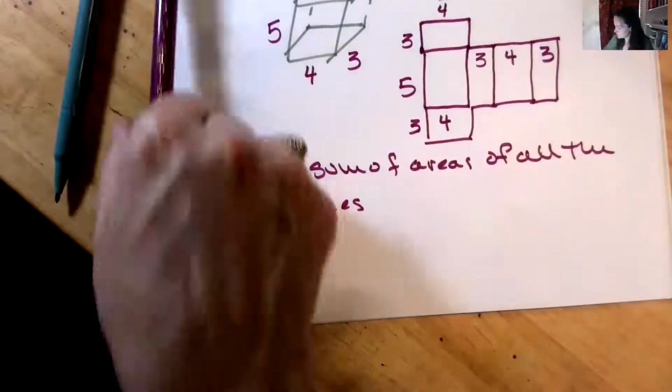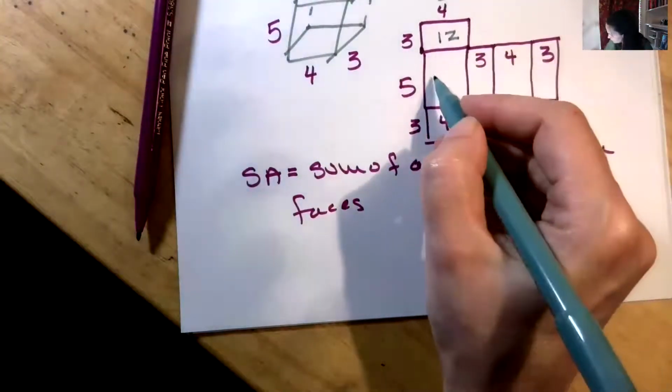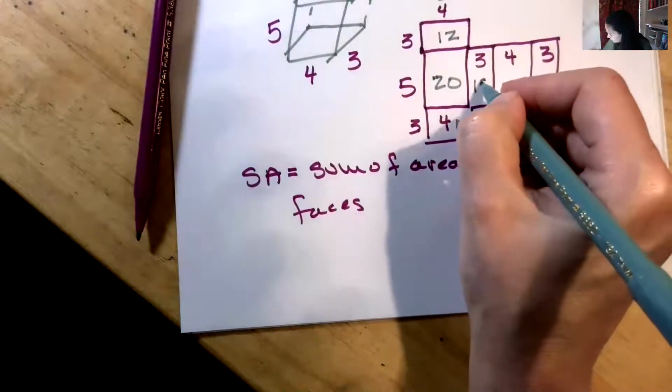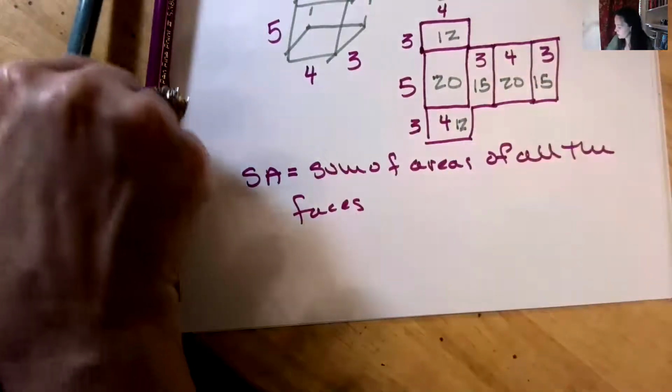So in this case, if we figured out the sum of the areas of each of these, this would be 12, 20, 12, 15, 20, 15. So we would add all of those up.